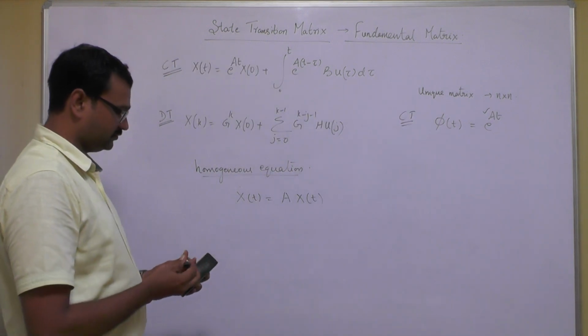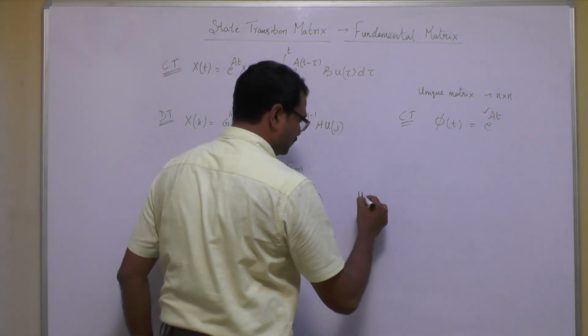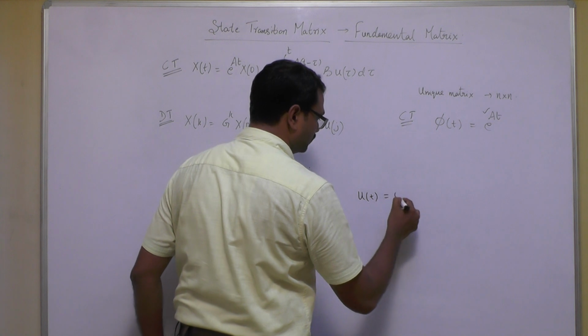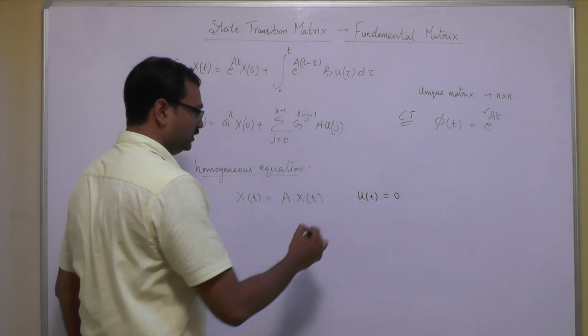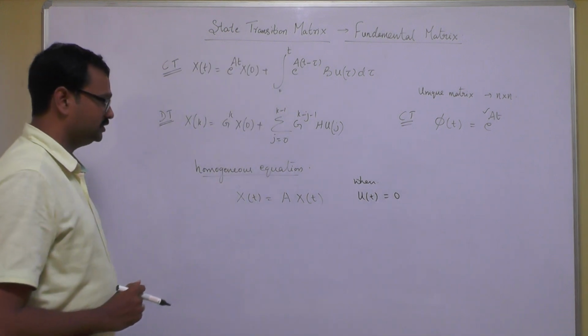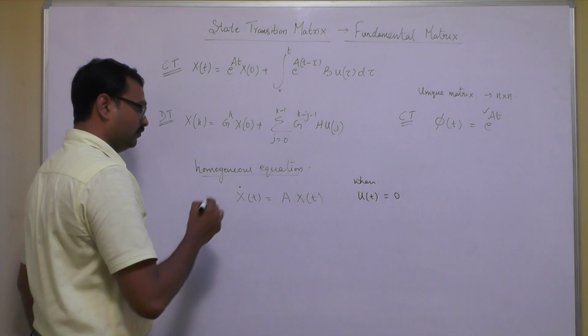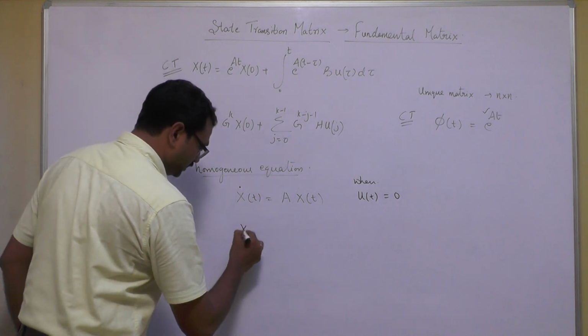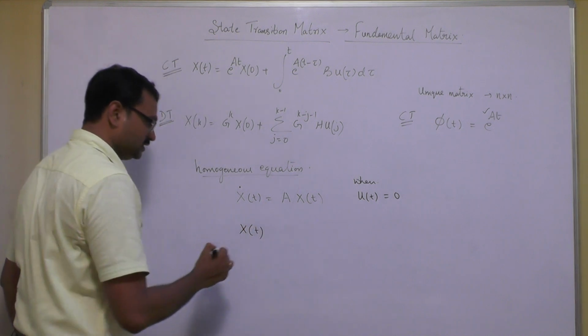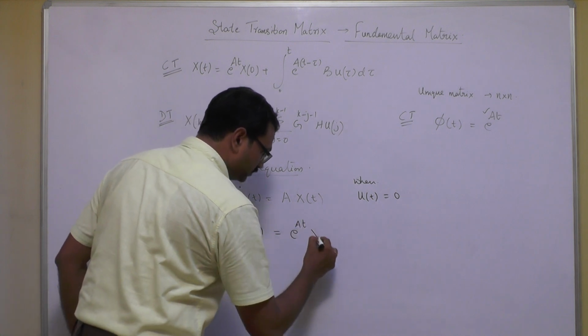That is a homogeneous equation, when you are considering the input u of t equal to 0. For this, the solution is x of t, which is nothing but e power at into x of 0.